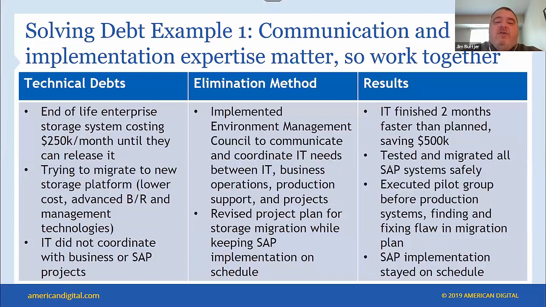And that helped us detect it, coordinate, and as a result, we were able to get the enterprise storage system deployment done faster by 2 months, saving about $500,000, while also doing it in a safer manner, thus reducing risk by rolling it out to non-production systems first, doing testing, and then to production, while also keeping our $140 million or so SAP implementation on schedule.